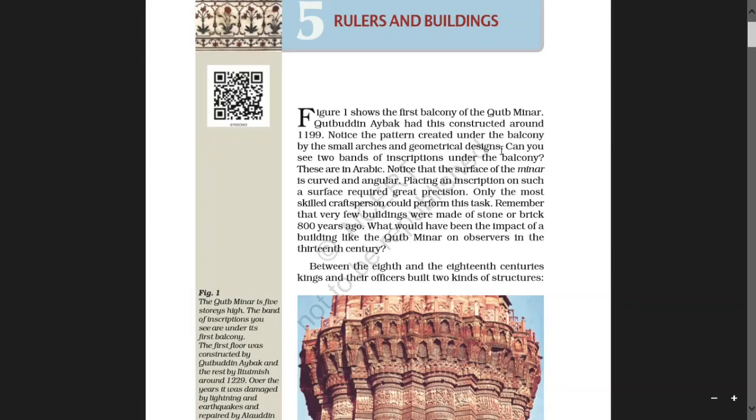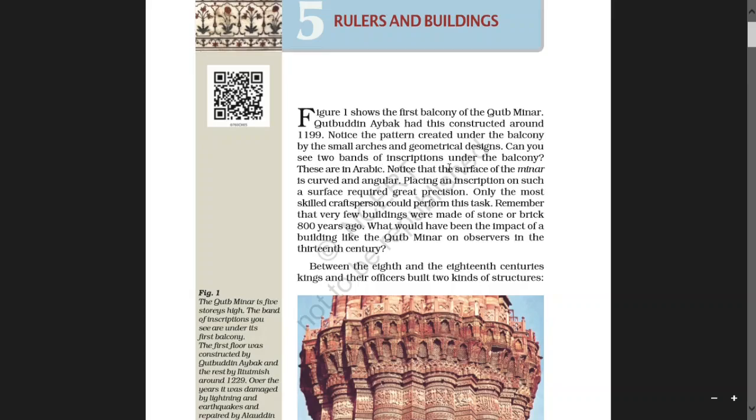Can you find two bands of inscriptions under the balcony? Boys, can you find the two bands, flat thin strips, of inscriptions under the balcony? These are in Arabic. These inscriptions are in the Arabic language, boys.